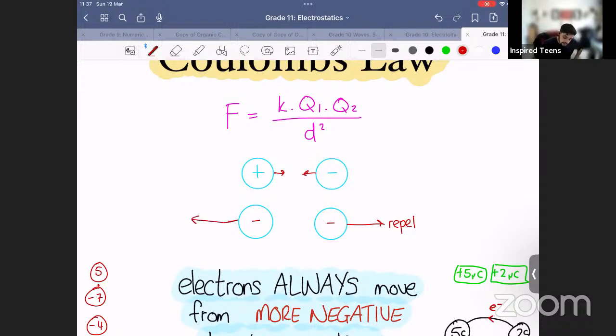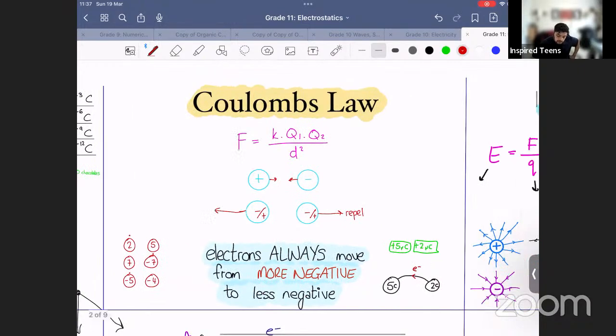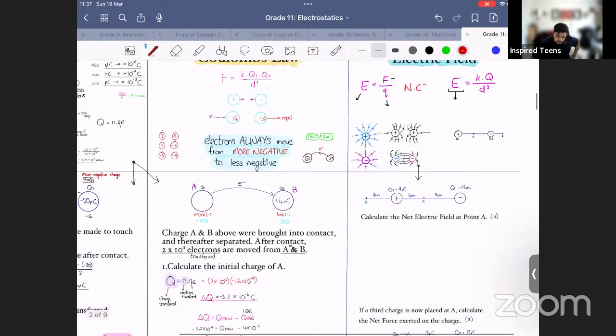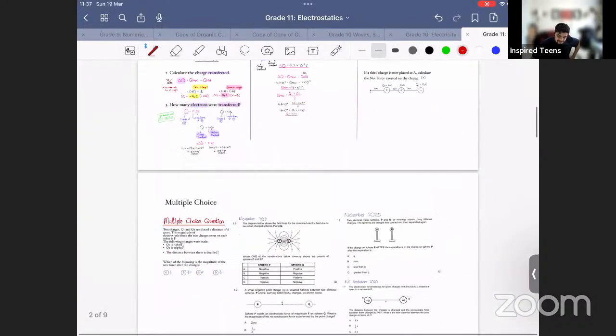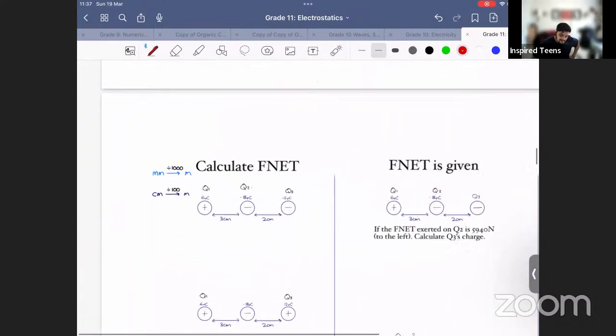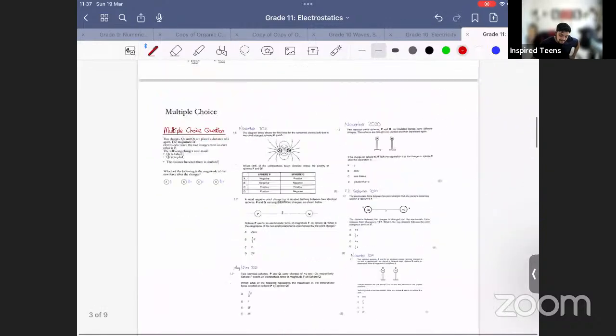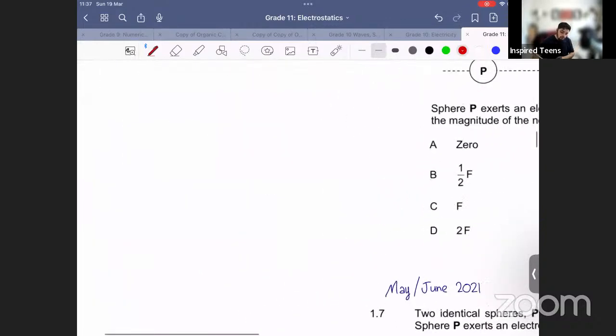And this could also be if they are both positive. So that's what's important to understand from Coulomb's law. Always negative to more positive. So in Coulomb's law, what they do basically is they'll give you two charges.